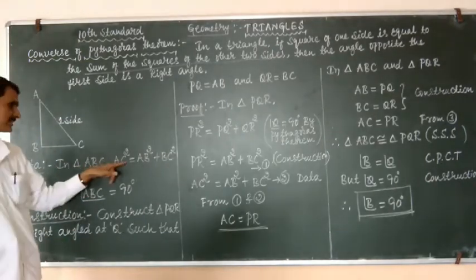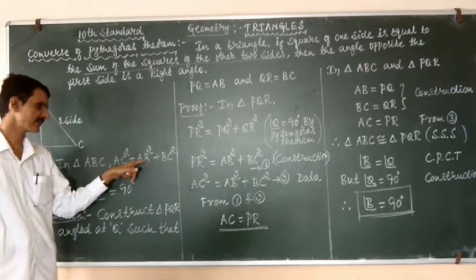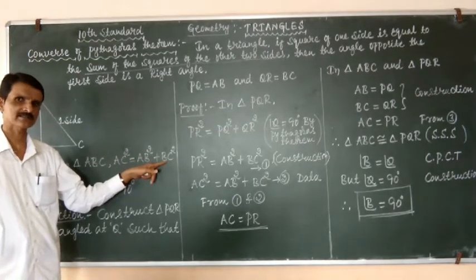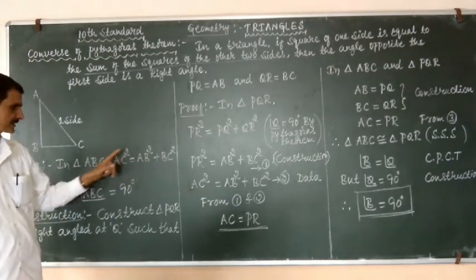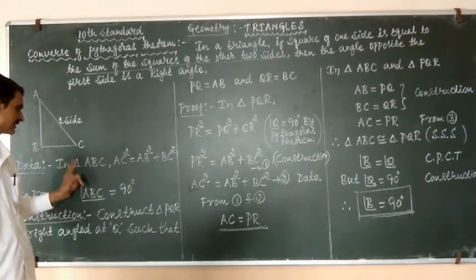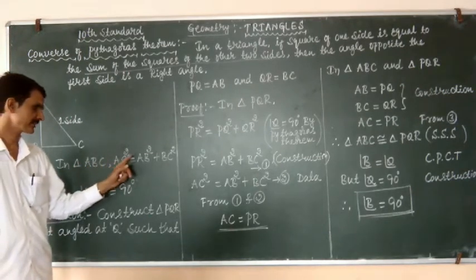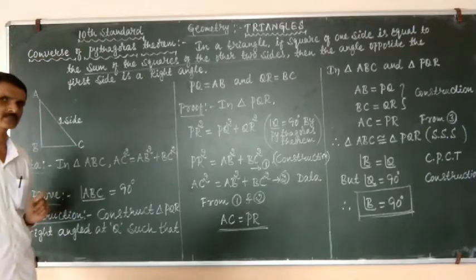That means AC square equals AB square plus BC square. So this is the data in triangle ABC.